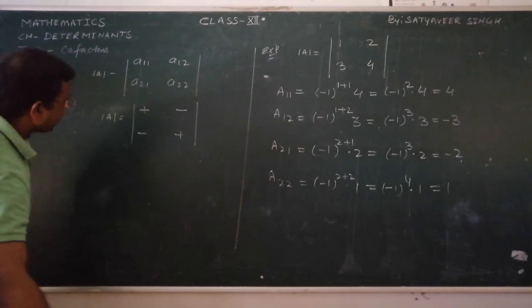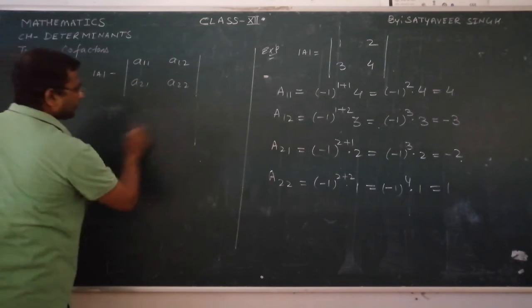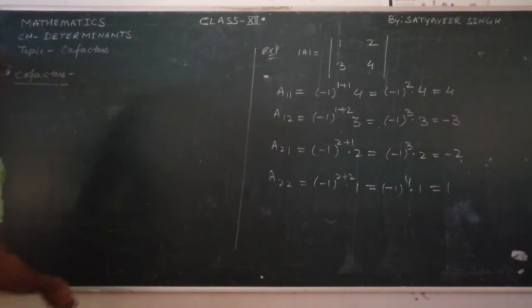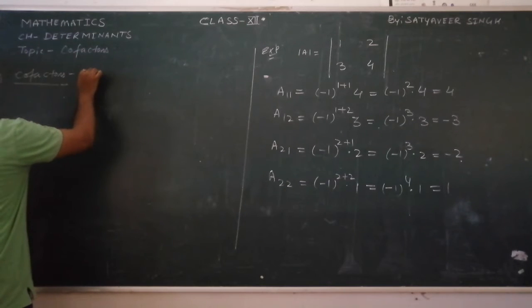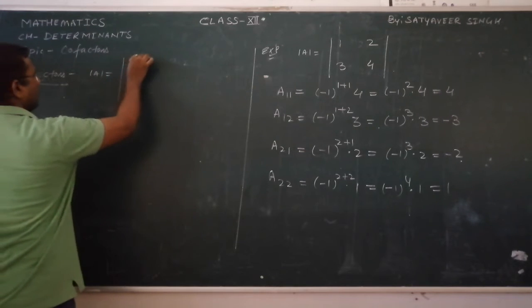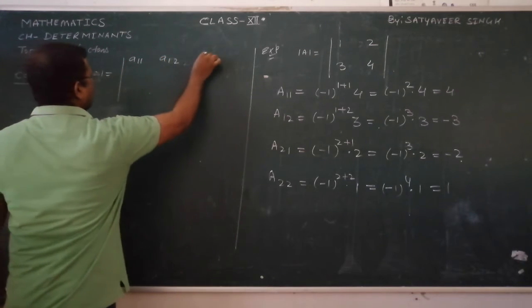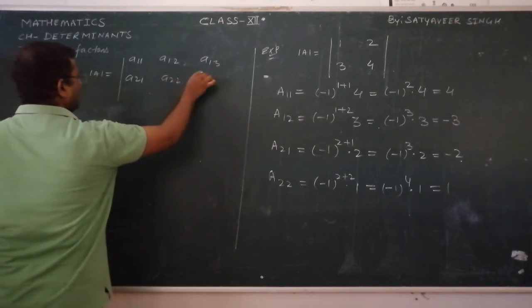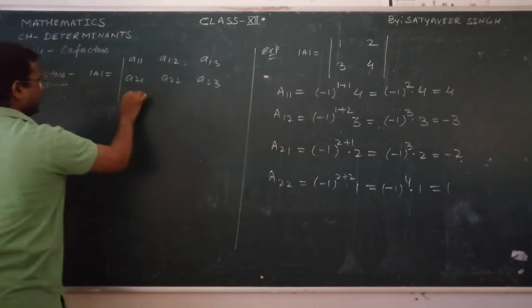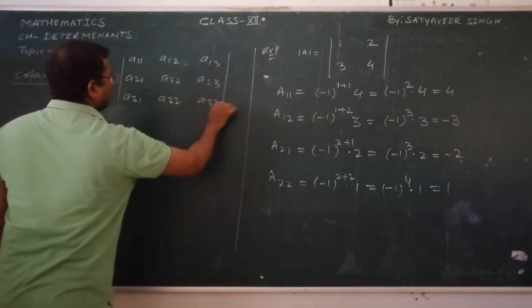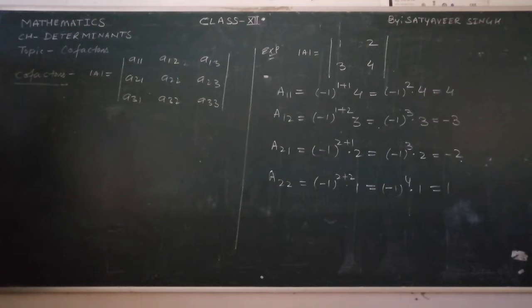See now, a determinant of order 3 I am taking. A determinant of order 3, suppose it is a11, a12, a13, a21, a22, a23, a31, a32, a33. You want to find out the cofactors.